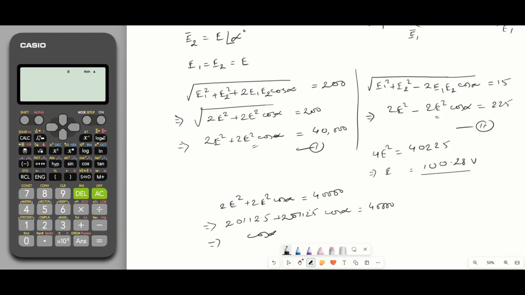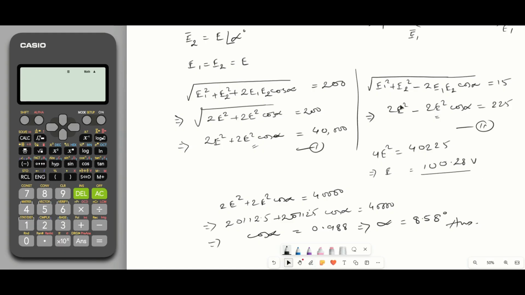Now the value of cos alpha, after calculating, comes as 0.988. From this we can determine alpha as cos inverse of this, which comes as 8.58 degrees. So these are the value of E and the value of alpha.